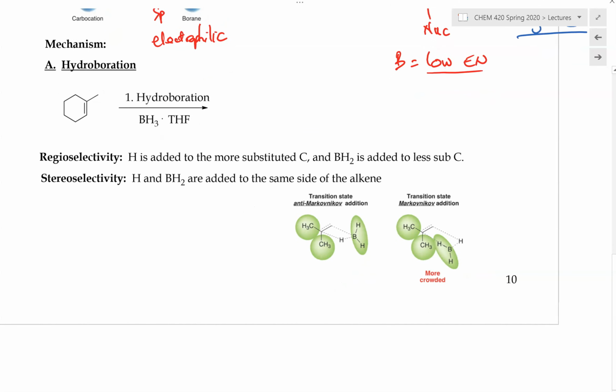And now let's talk about the mechanism of how this works. So in this case, when we take the alkene and react it with BH3, our alkene will be serving as the nucleophile, and it would come in and attack the boron, producing this product as follows.